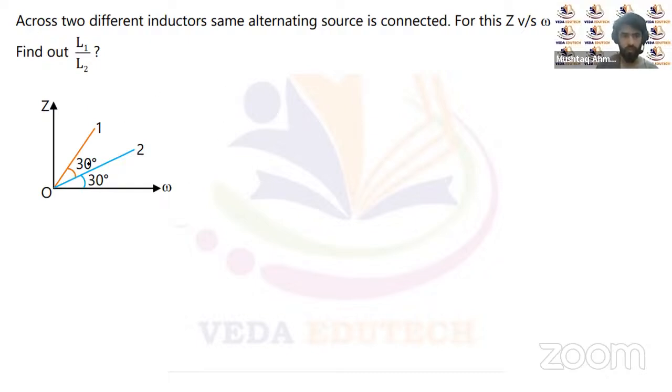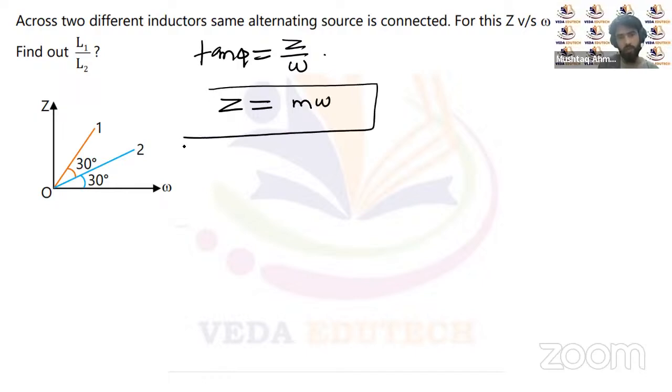Since it's a straight line, if we find the slope of this graph, tan of phi will be equal to Z upon omega. Or if we find the equation of these straight lines, Z will be equal to m times omega, where m is the slope.